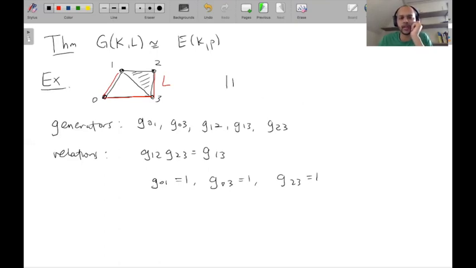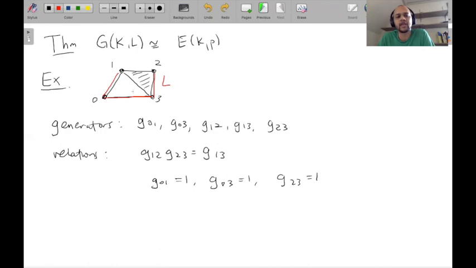So here, the geometric realization of K is, it's not topologically equivalent, but it's homotopy equivalent to the circle, because you can collapse this triangle to this edge, and that defines a homotopy equivalence.